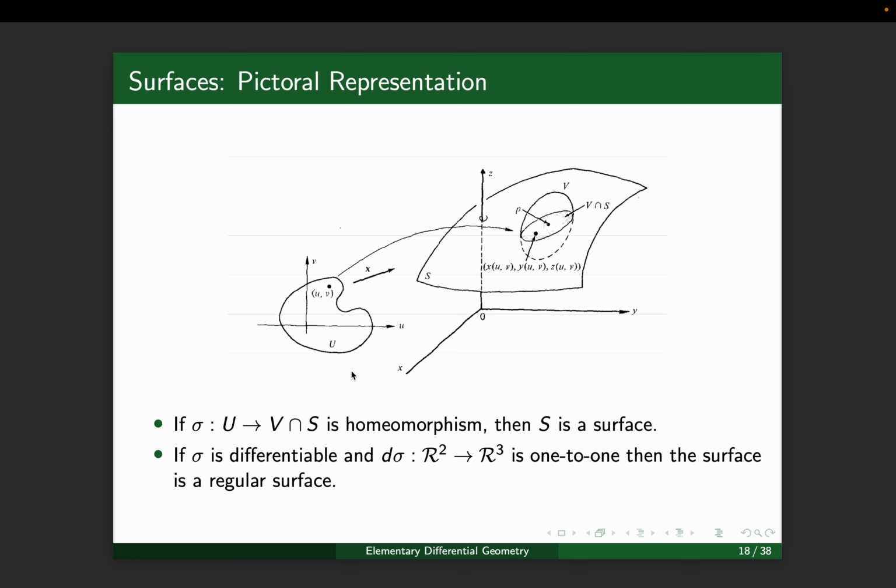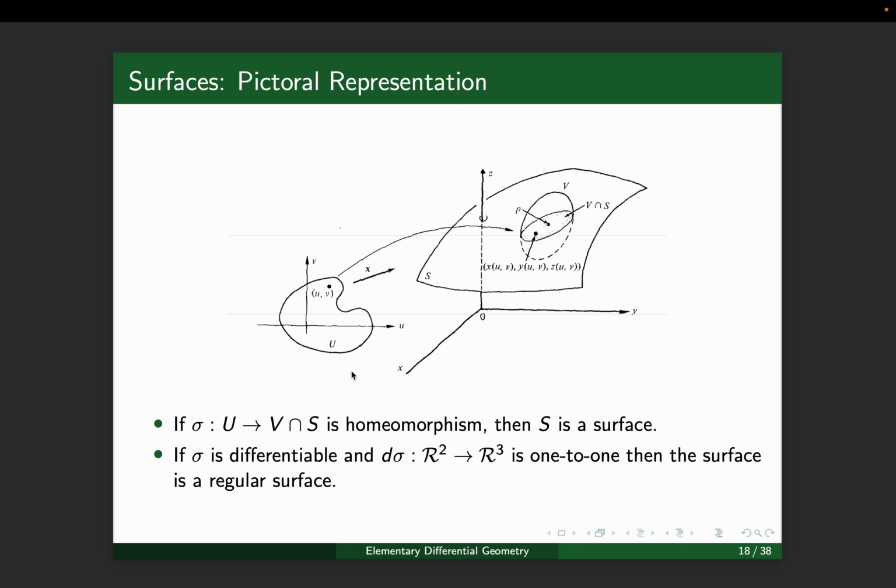Then if we can map this intersection of the open set with the set S, the neighborhood around the point P, to an open set in R2, then we can call the set S a surface.